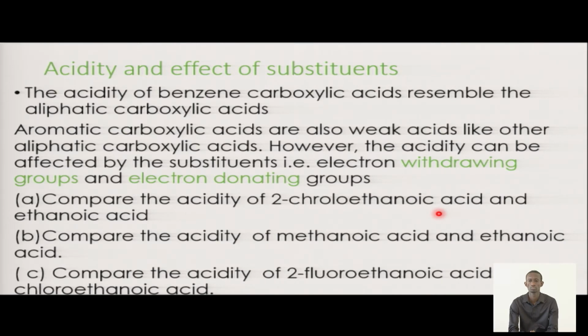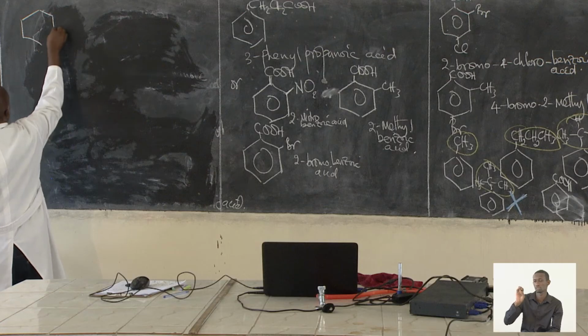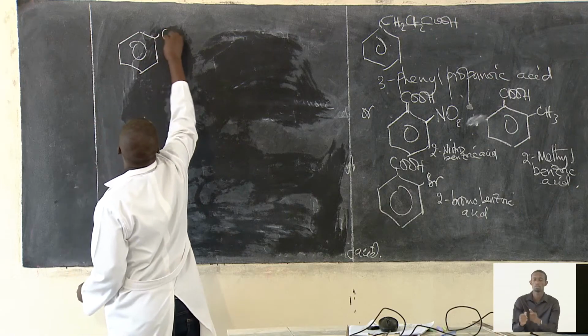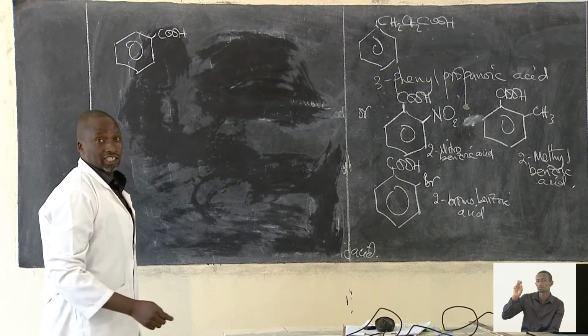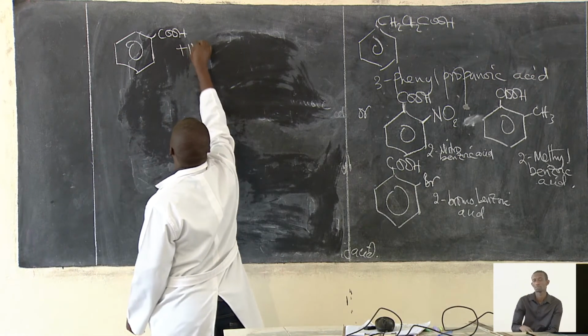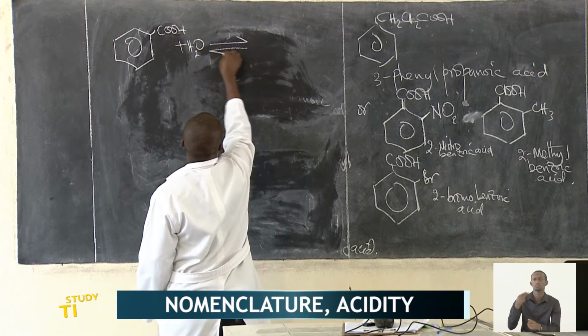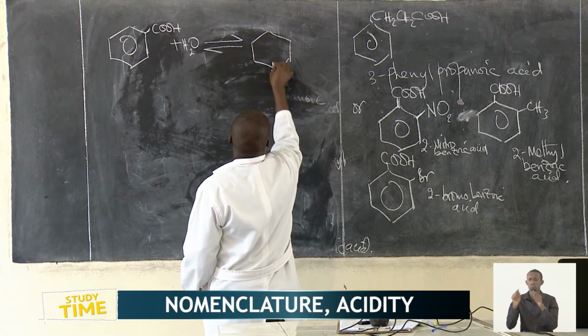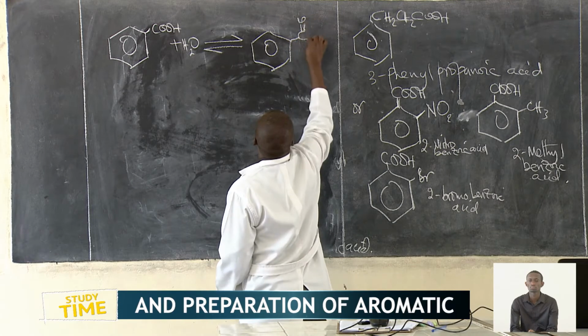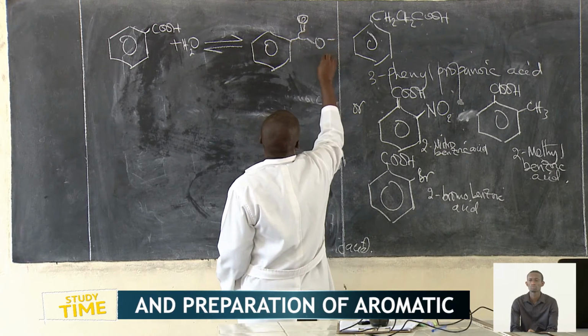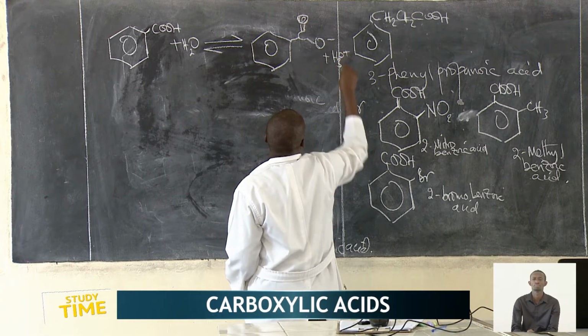On the acidity of the carboxylic acids, this will depend on the substituents, as we said: the effect of the substituents on carboxylic acids. For example, this is benzoic acid. If it dissolves in solution, it will form the benzoate anion plus hydroxonium ions.